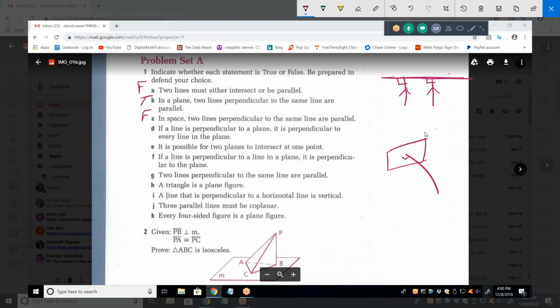So it is perpendicular to every line in the plane. Well, let's draw some other lines. There's another line. There's a line. There's a line. There's a line. So it's false, because not all lines have to be parallel to the plane.